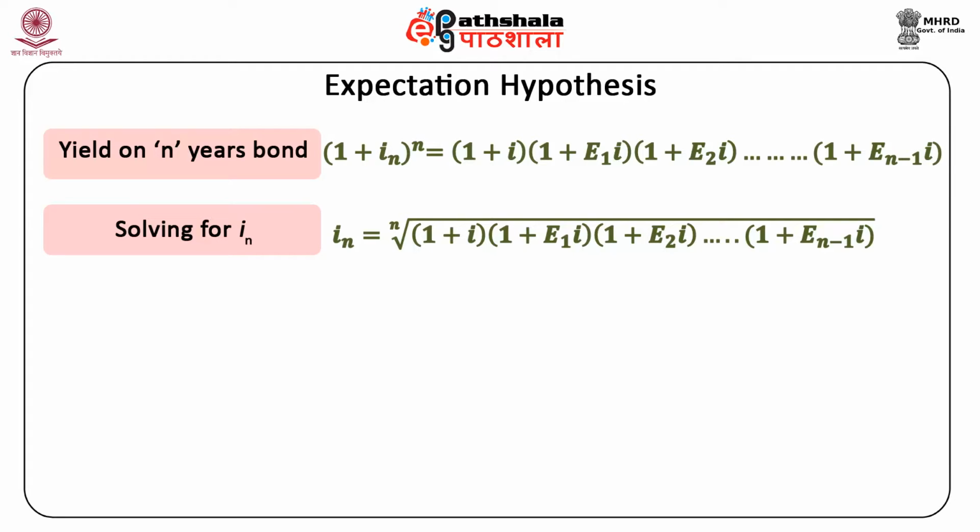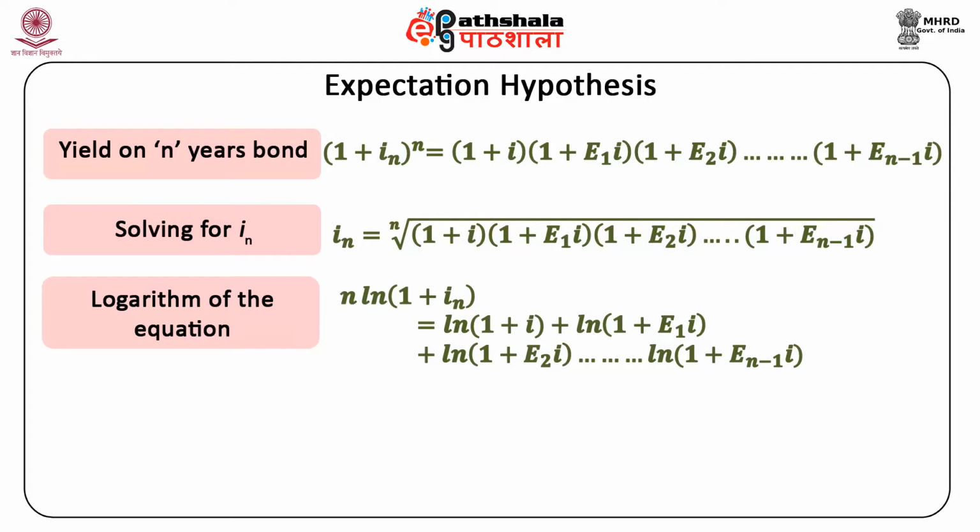In particular, if we take the logarithm of the first equation, we get n into ln(1 plus In) is equal to ln(1 plus I) plus ln(1 plus E1I) plus ln(1 plus E2I), and so on, till ln(1 plus En minus 1 I).